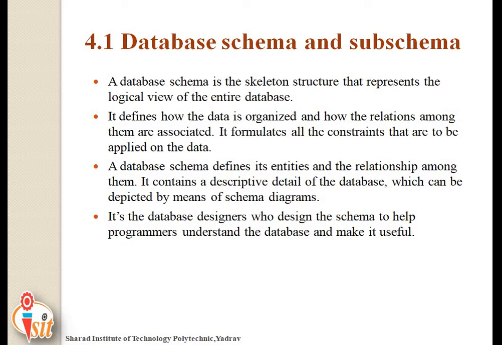The total number of attributes in the relation is called the degree of the relation. Cardinality is also used in the relational database model, which is nothing but the total number of rows present in the table. After that, column. A column represents the set of values for a specific attribute.